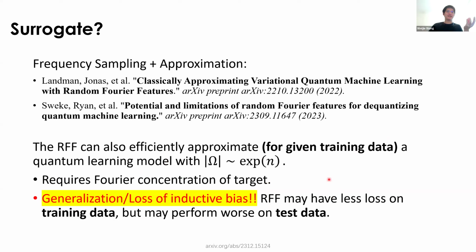It may provide a lower training error, but it doesn't guarantee the same generalization ability as the quantum model. So it may perform worse on the test data, because this random Fourier feature method will lose the inductive bias of the quantum model.